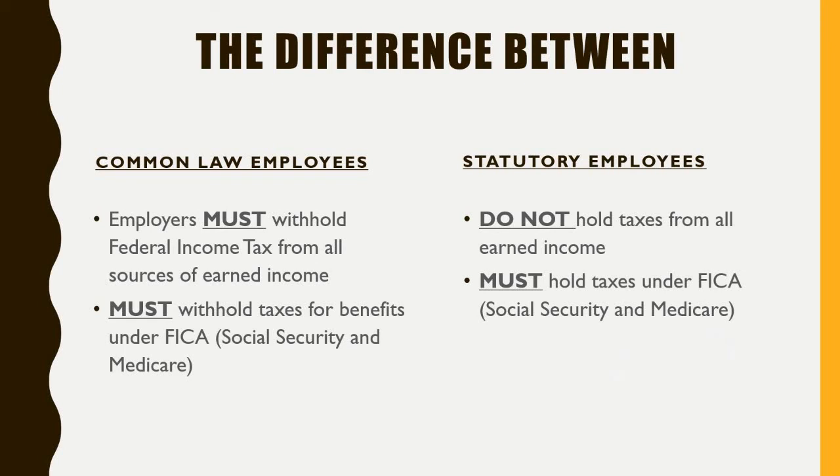Okay, so they are going to be subject to federal income tax withholdings. And on top of that, employers are also required to pay into their Social Security and Medicare, which is FICA. And we'll talk about FICA after the break.